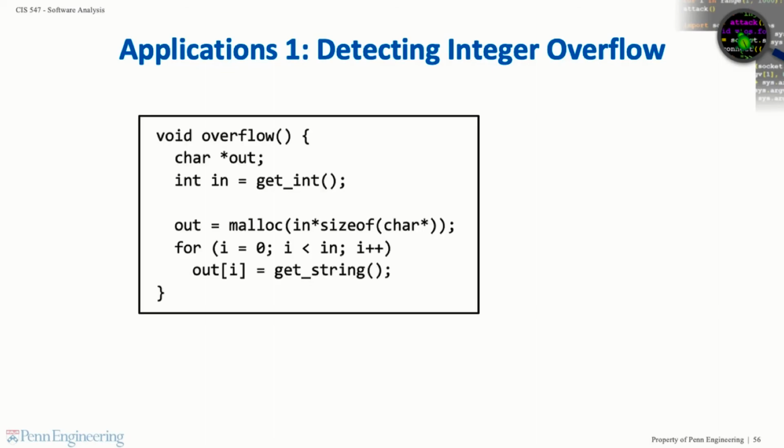This C code fragment starts by reading an integer input from the user through the getInt function. Assume that the user provides a very large number, such as this 10-digit number. Then, the program calls the malloc function to allocate memory. Suppose the size of pointer to char in our architecture is 4.